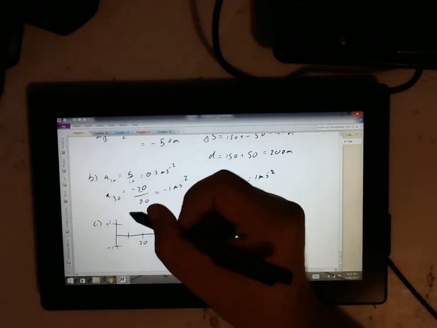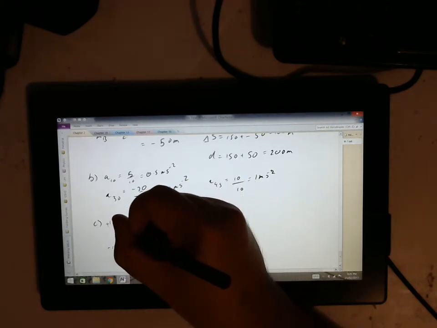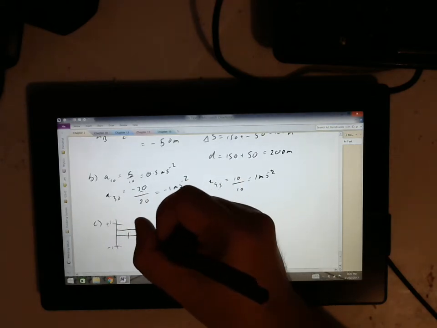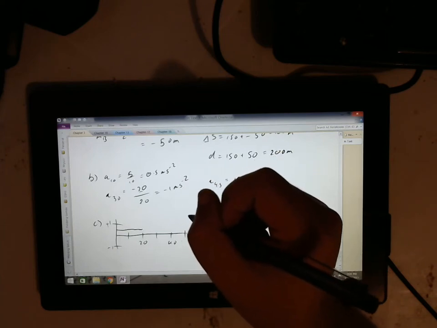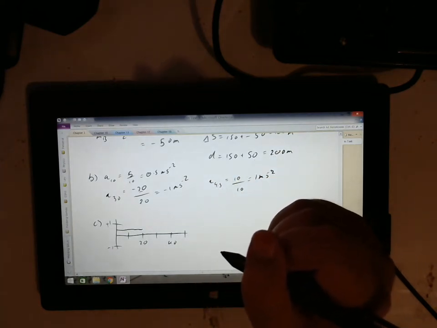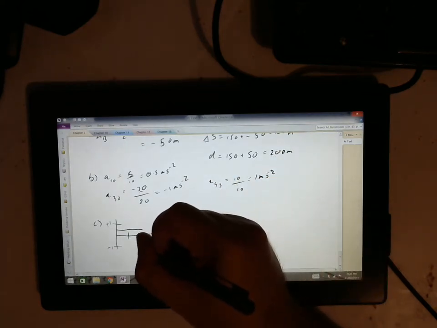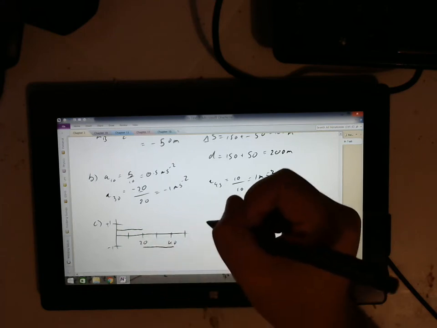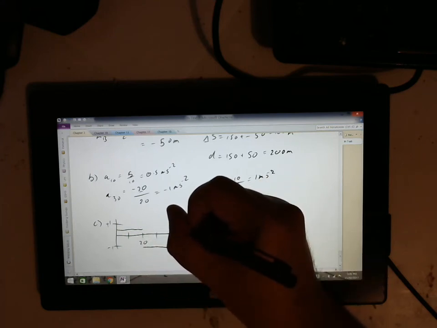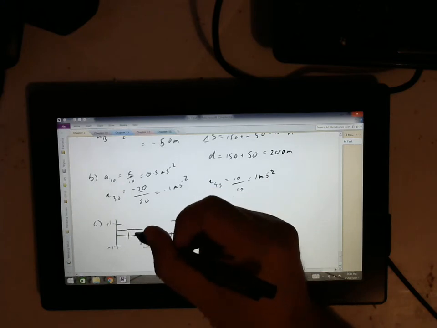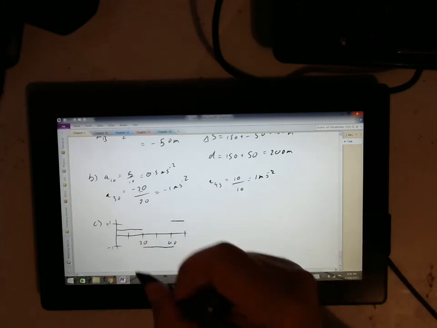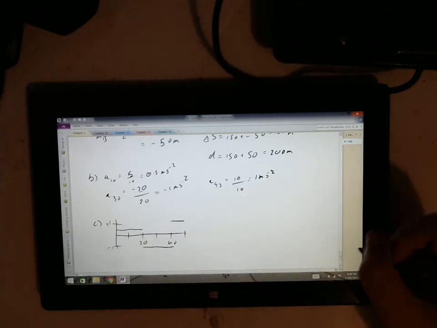So for the first 20 seconds, 0.5 because it was constant. At the next 20 seconds it was -1, and then the next one it was +1. You can see how this graph is broken. Do not connect the lines.